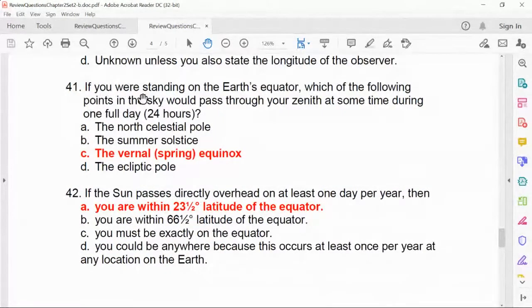Question 41. If you were standing on Earth's equator, which of the following points in the sky would pass through your zenith at some point during one full 24 hours?